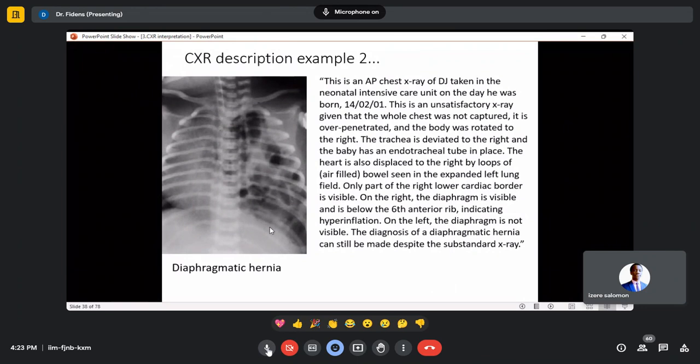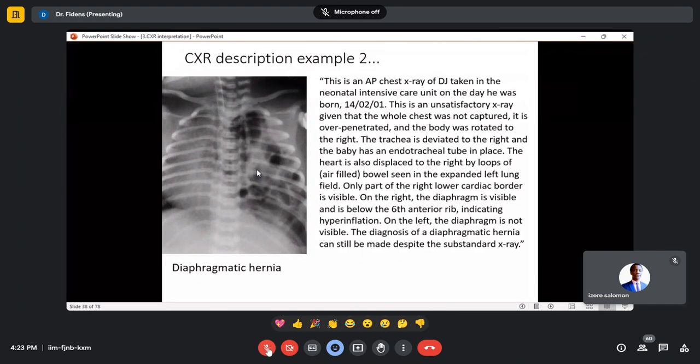So you remember that in description you start by analysis. You start with the more prominent findings, and you end up with the less prominent. The most prominent here, there are two. The first one is this structure that's not normal in the chest. Have you ever seen something like this in the chest? You should have started by talking about this.